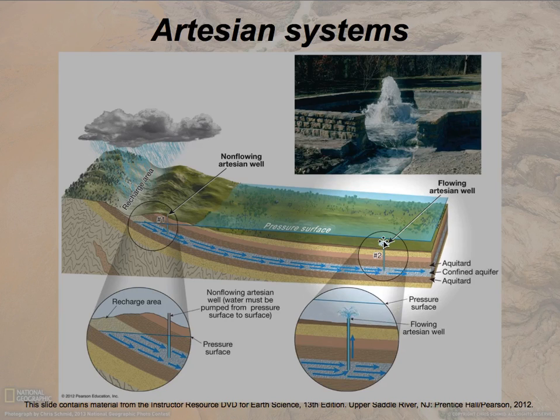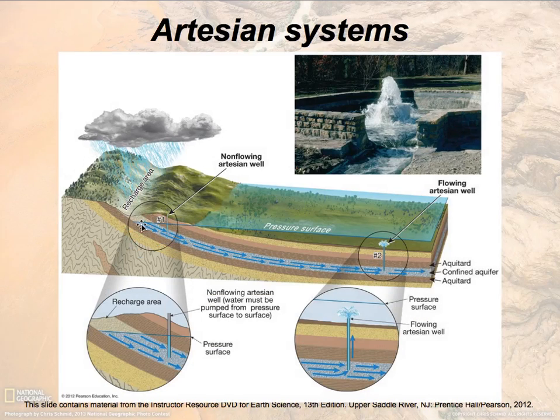Well, the way you really need to think about it is when that water is confined, it's essentially connected to its point of origin, which is up here, which is actually higher. It's where it first percolates. It's actually higher than where the well comes out of the ground.